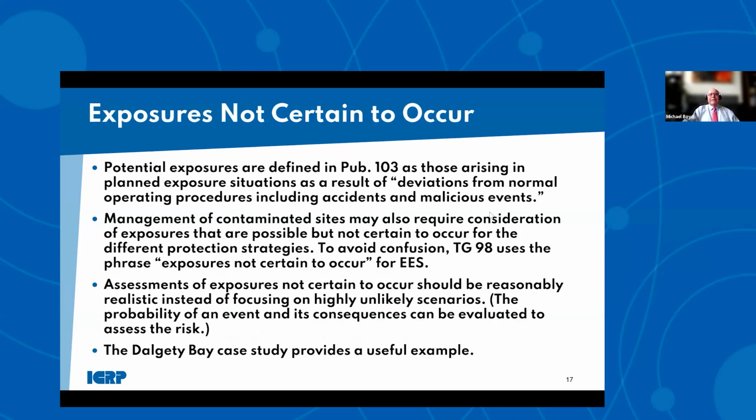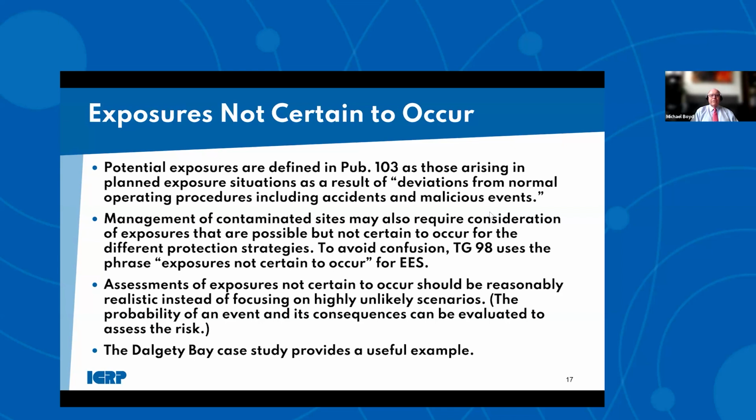Now to that term of art, we're using exposures not certain to occur. Potential exposures are defined in publication 103 as those arising in planned exposure situations as a result of deviations from normal operating procedures, including accidents and malicious events. Management of contaminated sites may also require consideration of exposures that are possible but not certain to occur for the different protection strategies.